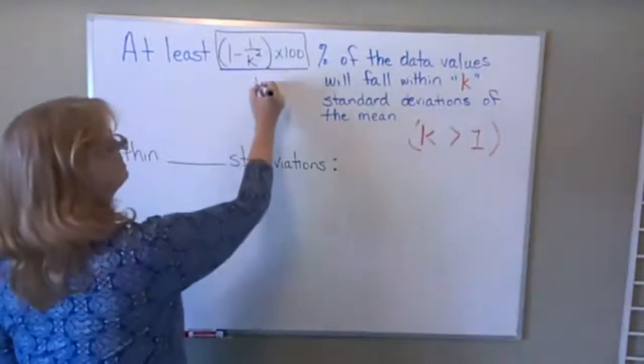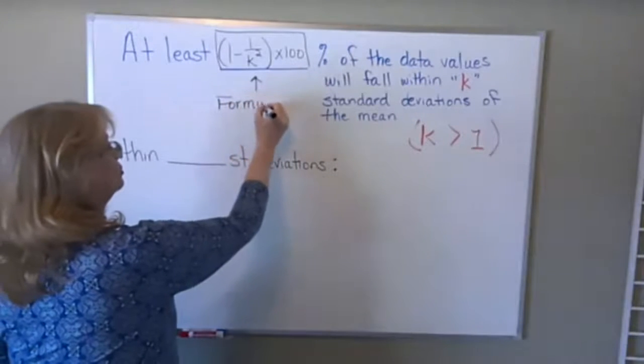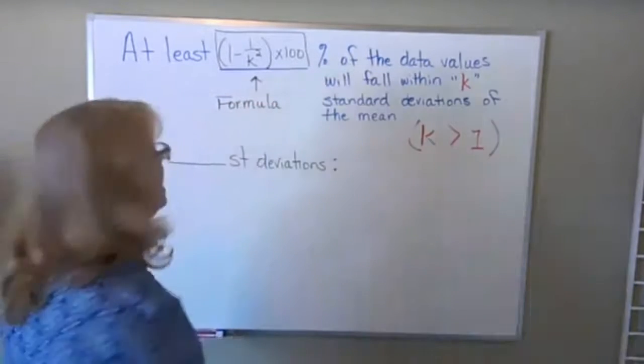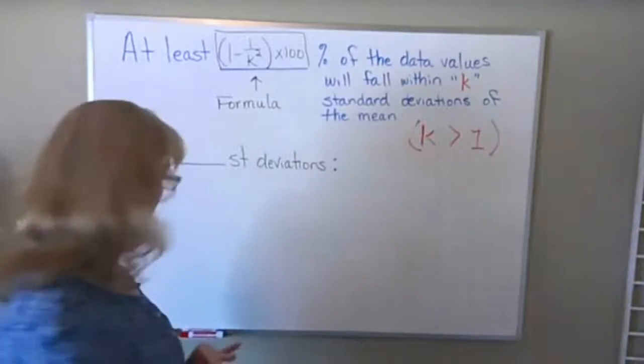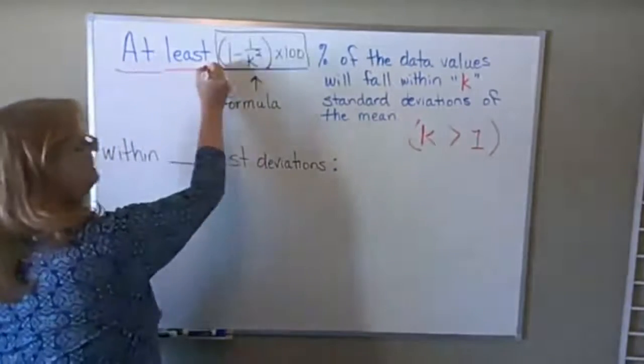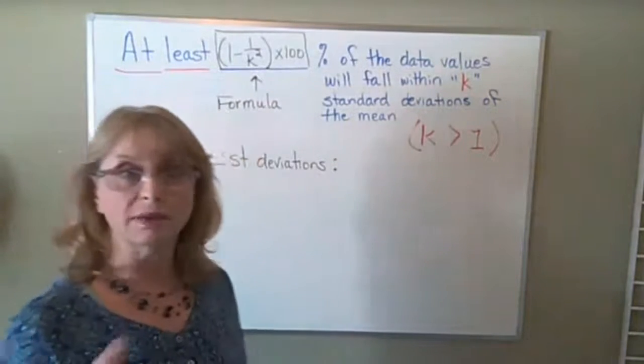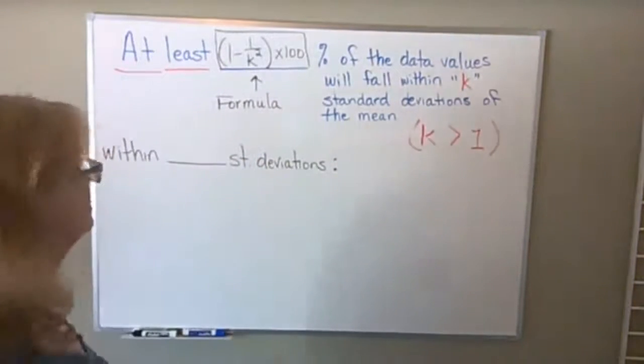Okay, so this is the formula that we're going to use to find that minimum percentage. Notice this says at least. That means it could be more, but it's going to be at least this percentage.